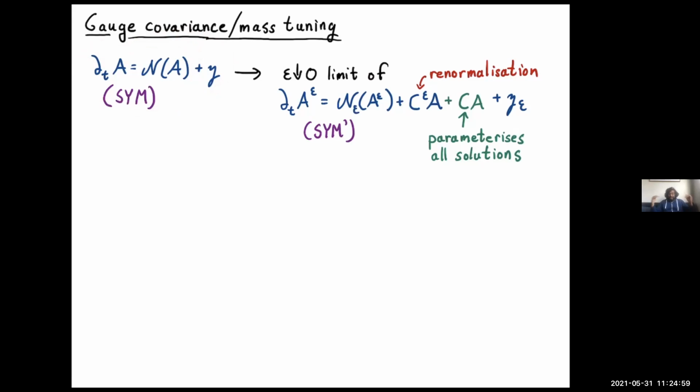So you regularize the noise. You have a smooth equation, and then the solutions to those converge in the limit. The renormalization is here. You renormalize the equation by adding some term that could potentially diverge as you remove the regularization.